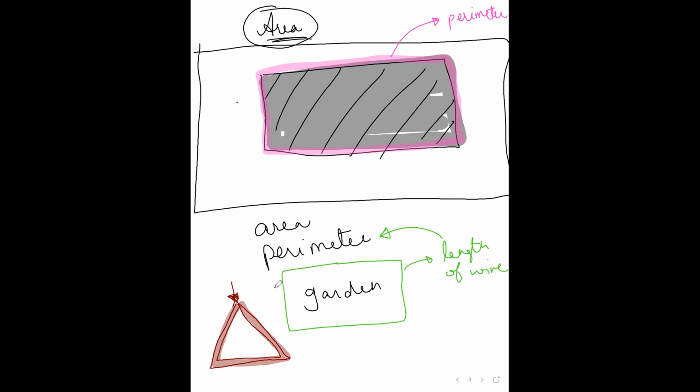Again, let's say you have a wall, and you are going to paint it. You want to paint this wall. Can you tell me what will be the thing that you will be painting?